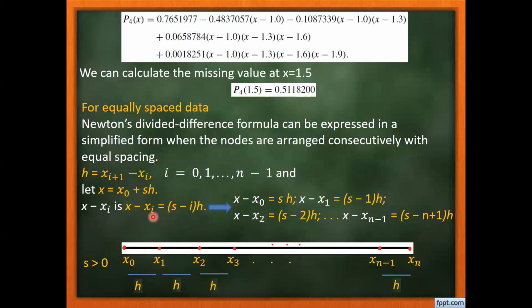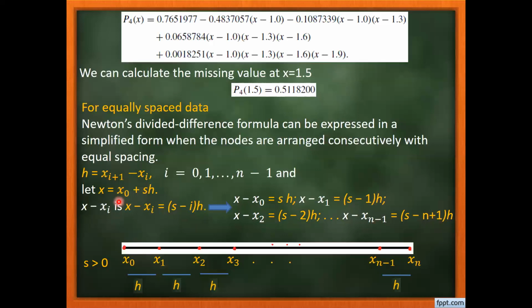So this means that when i is equal to 0, x minus x0 is just equal to s times h. When i is equal to 1, it is equal to s minus 1 times h. When it is equal to 2, it is s minus 2 times h, and so on. When it is n minus 1, it is s minus (n minus 1) times h. You can see that I have opened up n minus 1, so it becomes minus n plus 1.